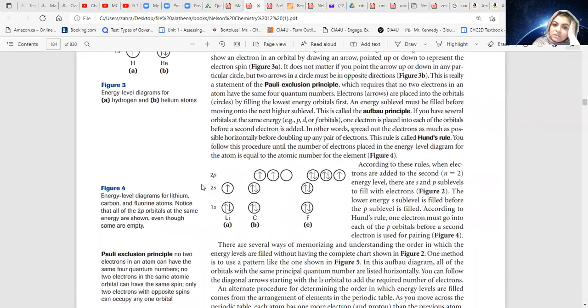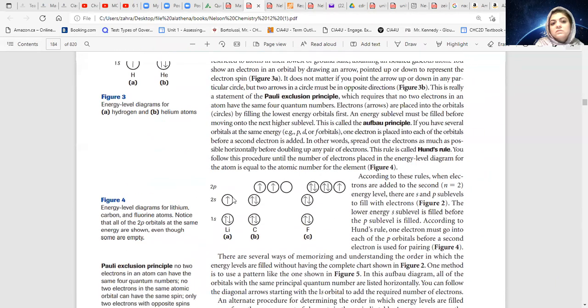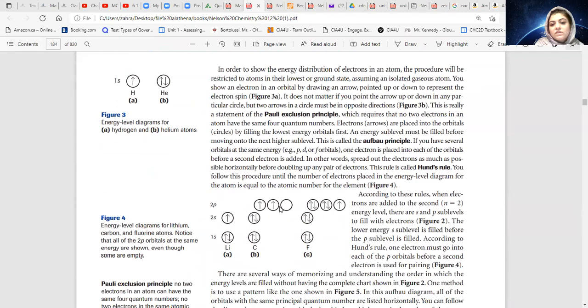What is it? It says that if you want to fill these orbitals, for example, the P orbital, it has 3 boxes. You have 3 electrons there. How do you fill that? Do you fill it like this? No, wrong.